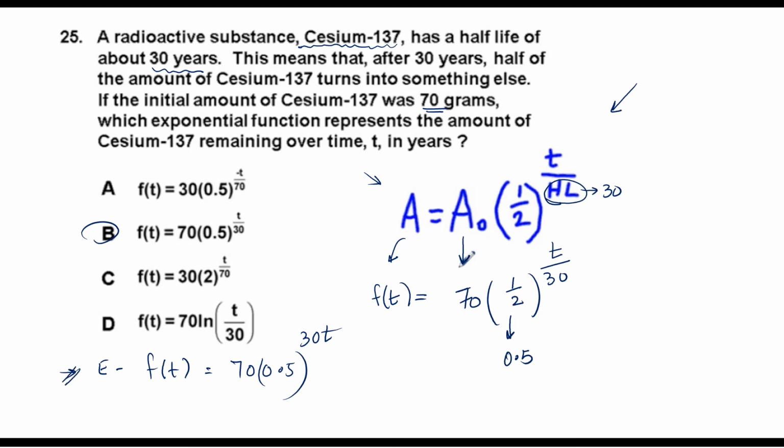Now, this option is not correct. The reason is that in the half-life, the time is always divided by the half-life years. Whereas, whenever we talk about exponential functions, if you remember, a times b to the power of x is the form of our exponential function.